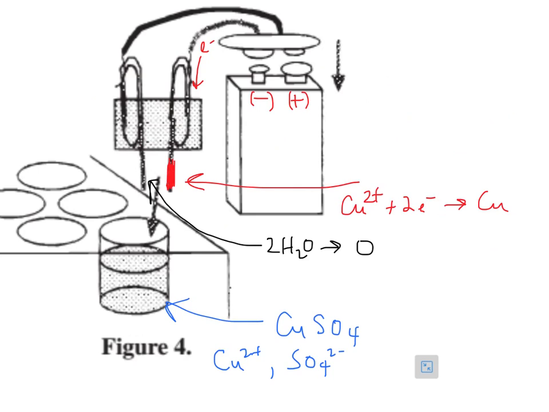So we would get bubbles of oxygen gas, and we would get some hydrogen ions, and we'd get 4 electrons. So this process right here is what gave electrons to kind of go back through the battery and replenish the electrons that were being consumed here at the negative electrode. Okay?